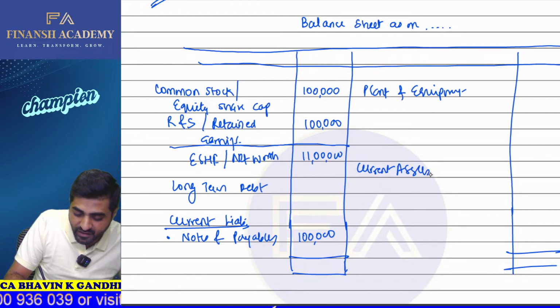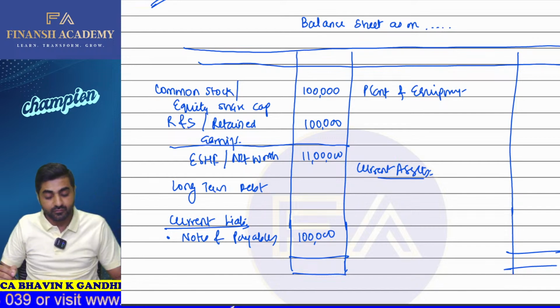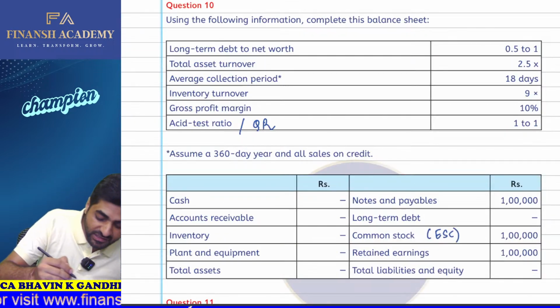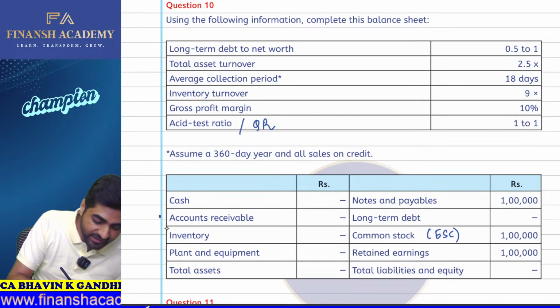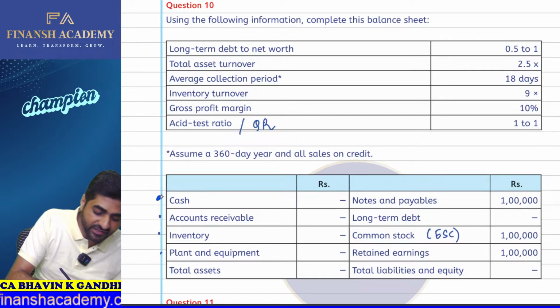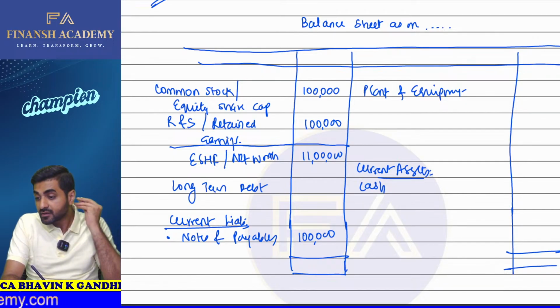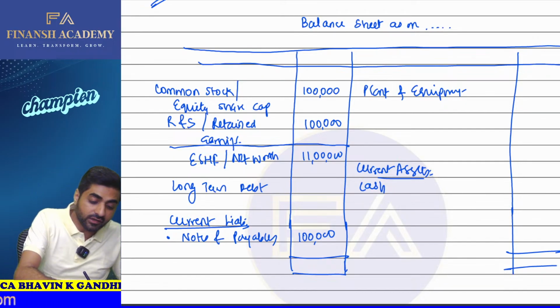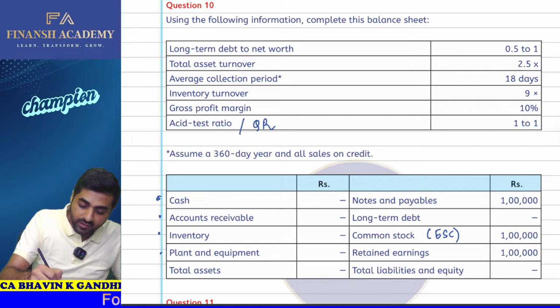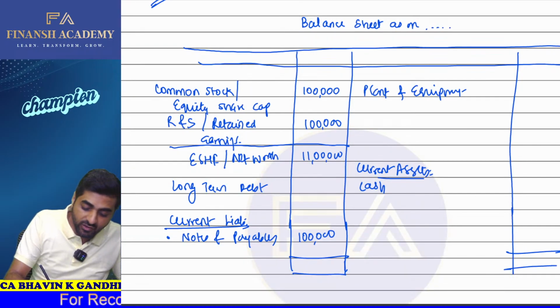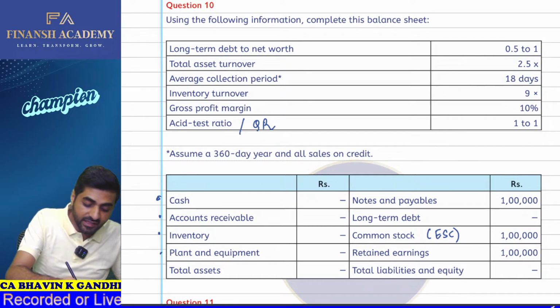What are the list of current assets which we have? We have debtors, stock and cash. So first I'll write down cash. Then the next one is your account receivable, also known as your debtors. And then there will be stock.